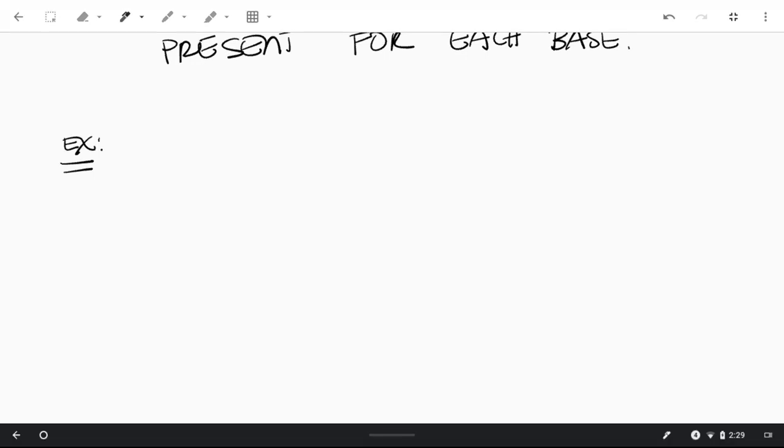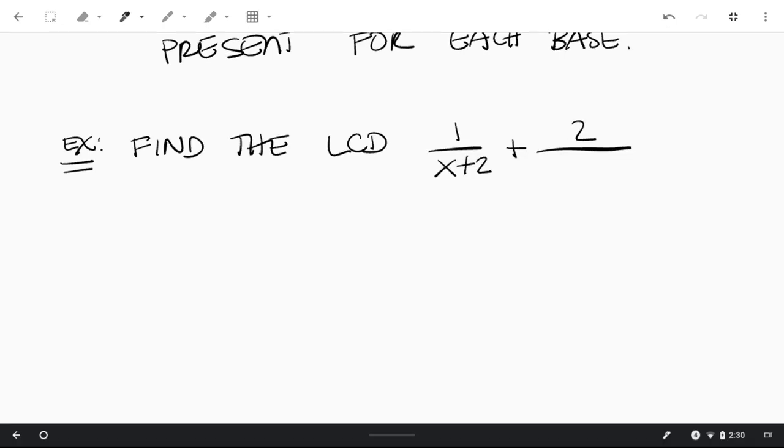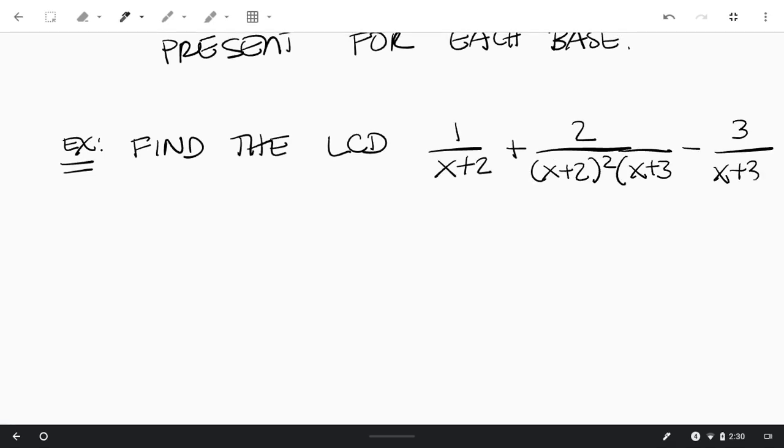All right, so find the LCD. All right, suppose that we have this expression here, 1 over x plus 2 plus 2 over x plus 2 squared, x plus 3, minus 3 over x plus 3.